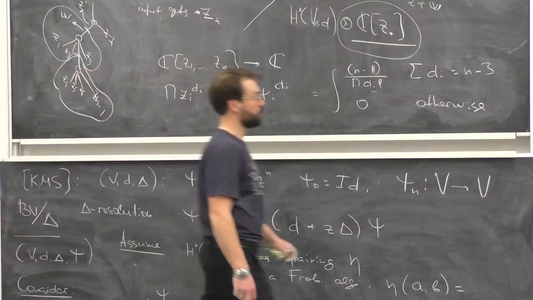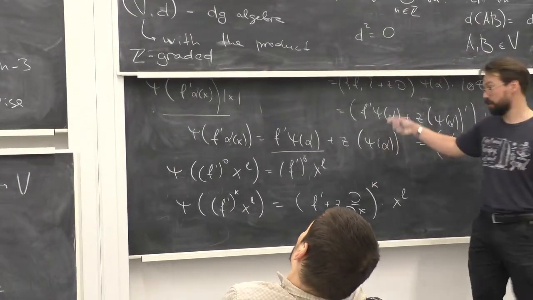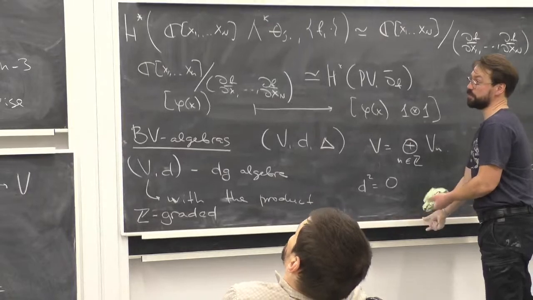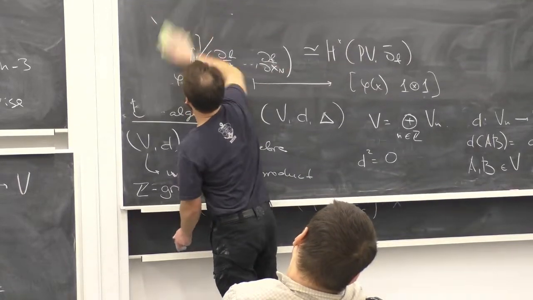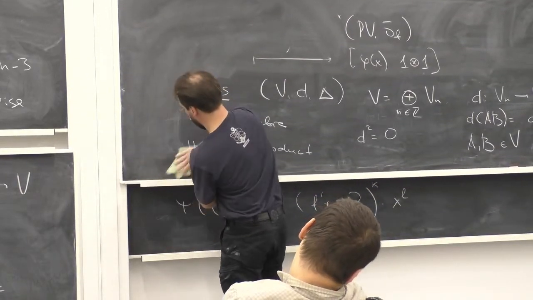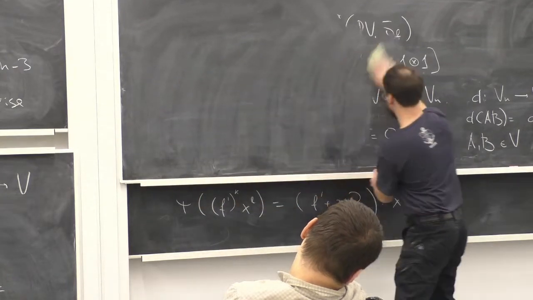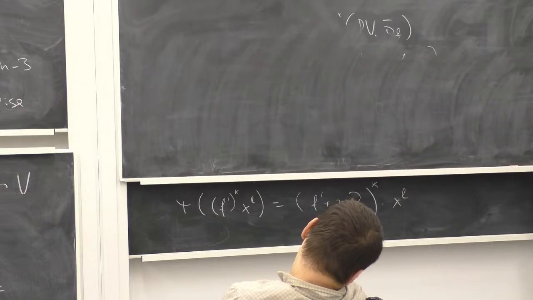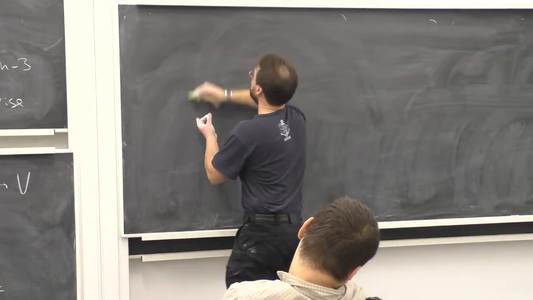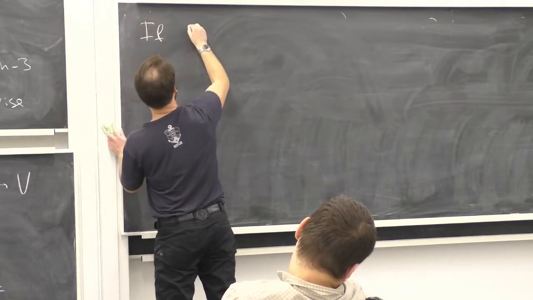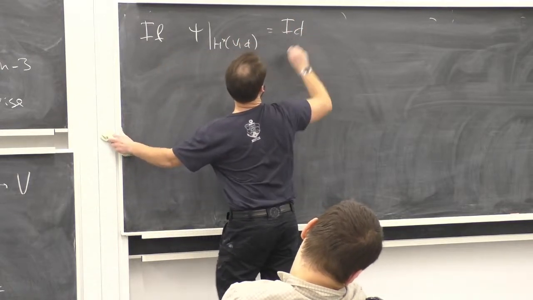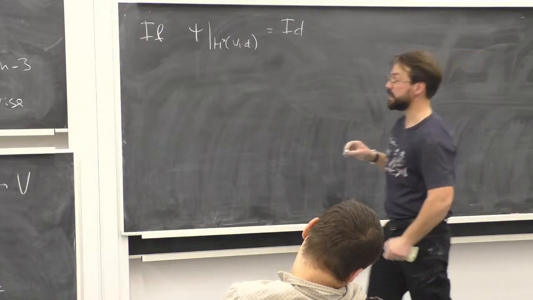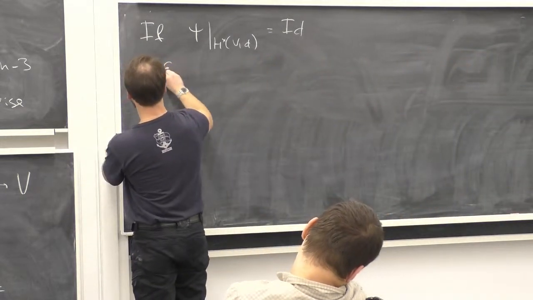For example, one can check that for this psi that I have constructed here, because its action on the homology ring is trivial, so if psi on homology is equal to identity, then it follows that the edge operator is basically 0.